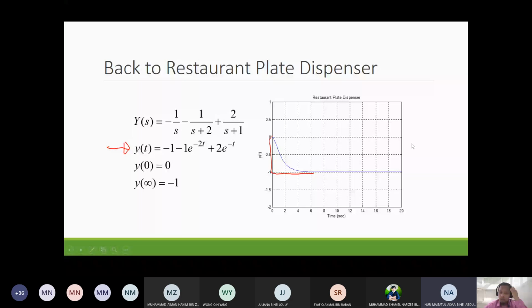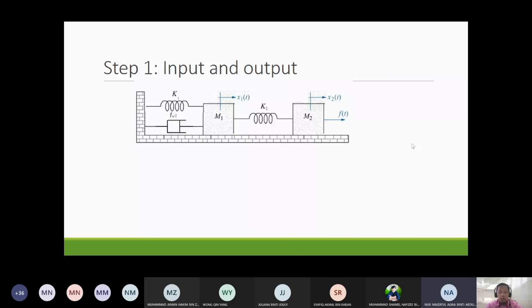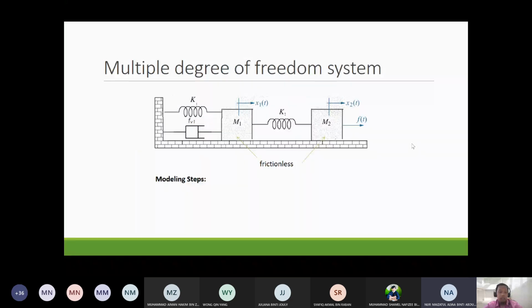Now let's look at an example of a multiple degree of freedom system. Just now we have learned a single degree of freedom system. The same modeling steps will be used in this multiple degree of freedom system.